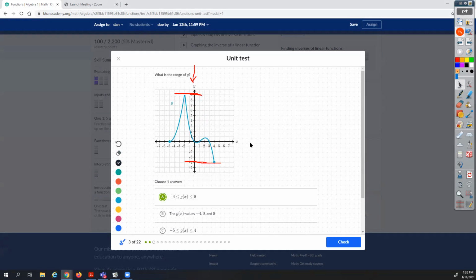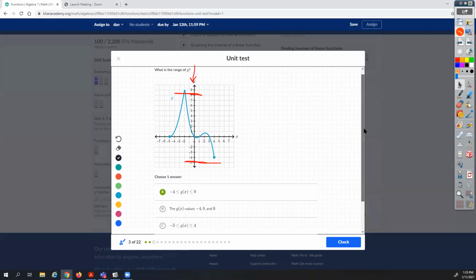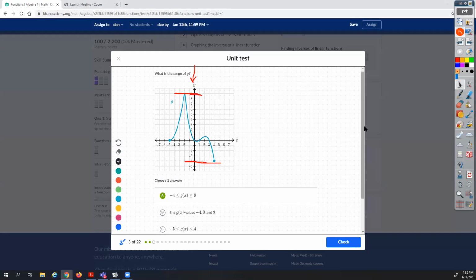So when it talks about the range, remember the range is all values of y. The domain is all values of x. So if it talks about the range, a good thing to do is just to make a line and say it goes all the way up here and all the way down here.